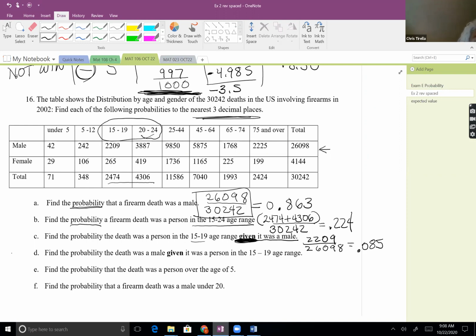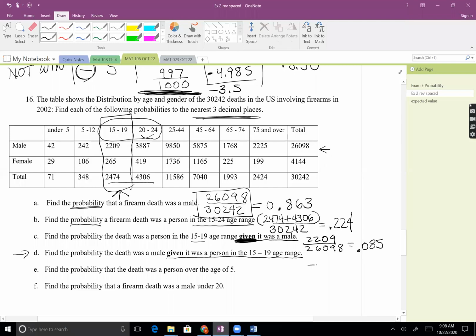But when we first read this next one, it looks real similar, except the order of the words is reversed. And that's a big difference. This time we're given it was a person in the 15 to 19 age range. And so that means I'm only looking at people in the 15 to 19.